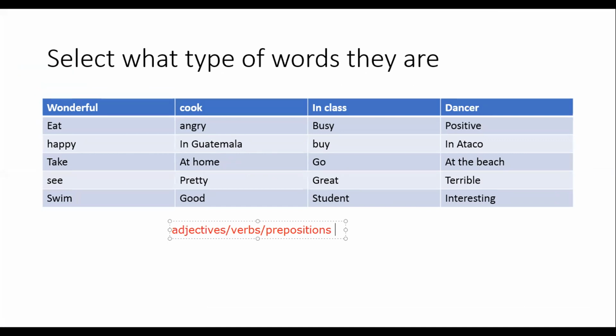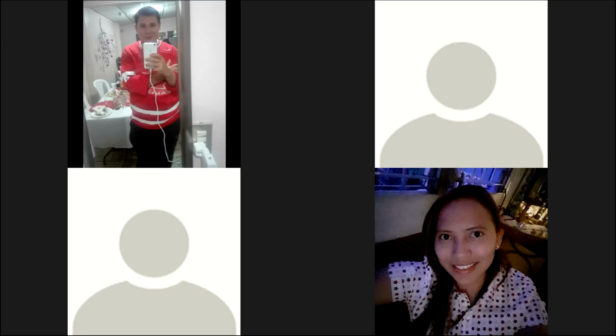What is a verb? Take, that is an action. What is a preposition? A preposition of place could be in a taco. So you have to select all the words into the categories below the picture. Are you ready?